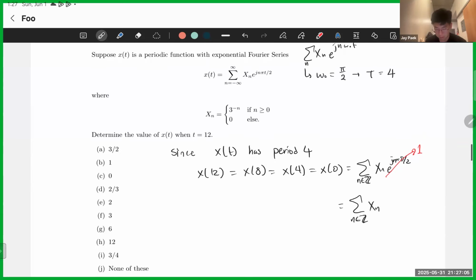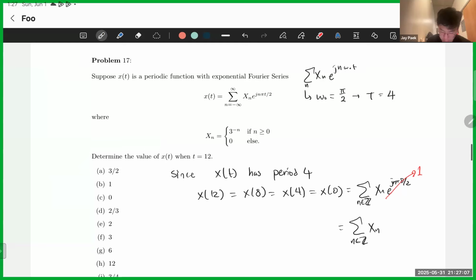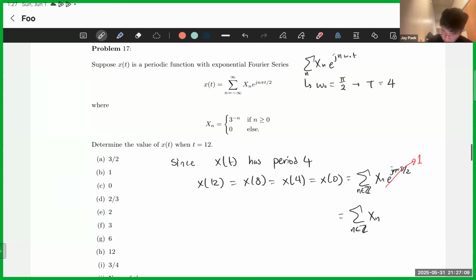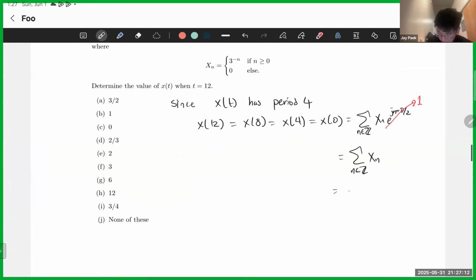And so this should be very easy to solve. We're just doing the sum of 1 plus 1/3 plus 1/9 and so on.